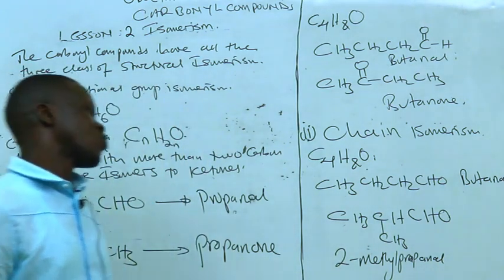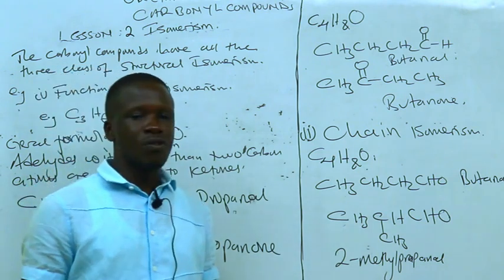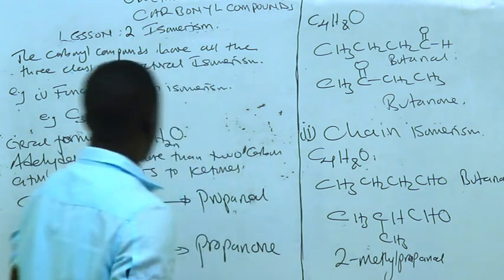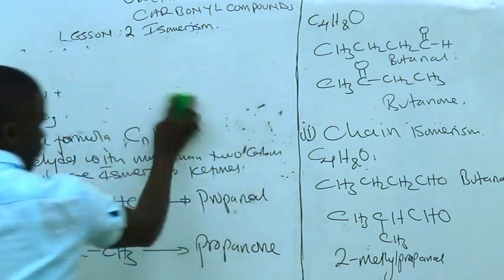So if we've been asked for structural isomers of this compound, then it's very possible to have structural isomers in there. And what if these ones were 5?